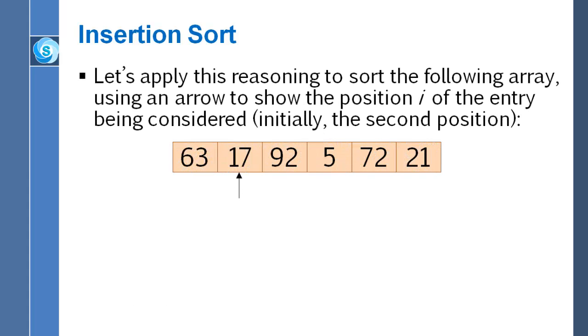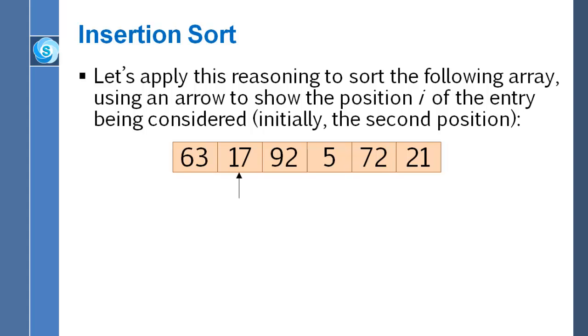Okay, here's the example. We're going to start with this black arrow on the second entry, basically saying, well, what precedes that, the portion of the array before that is certainly sorted already. Well, how come? Because the portion of the array before the second position just consists of 1 entry, which is 63, and of course there's only 1 number there, so of course that's sorted.